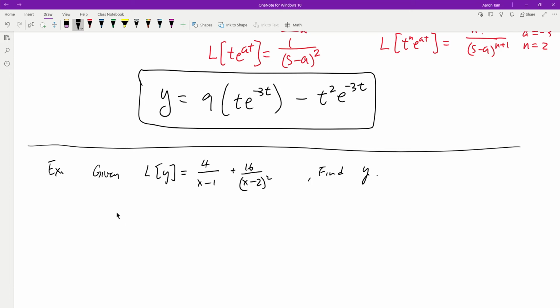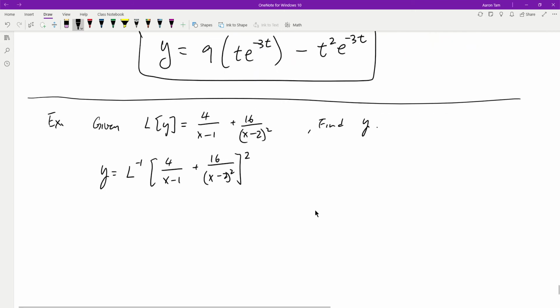So obviously the answer for y is the Laplace inverse of 4 over s minus 1, let's take an extra step, plus 16 over s minus 2 squared. Okay, so now the question is, what would this inverse be?